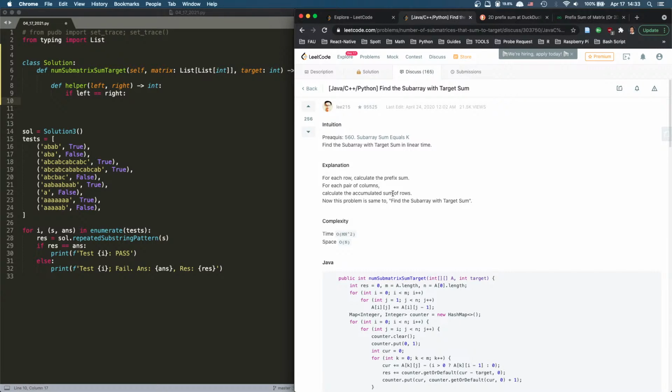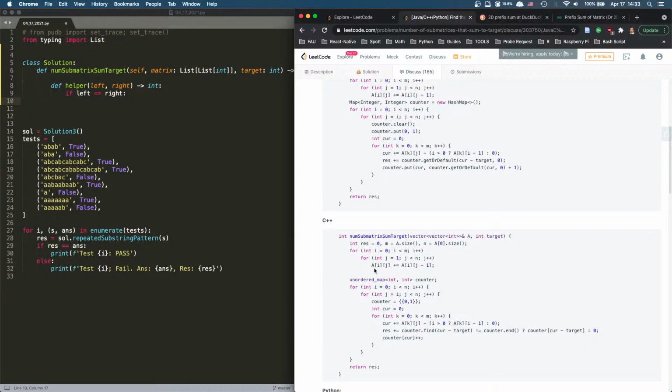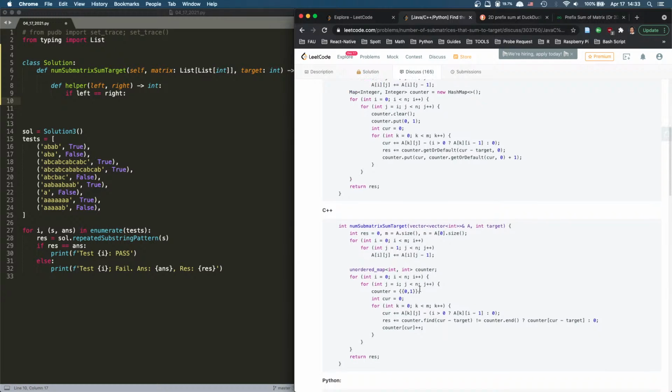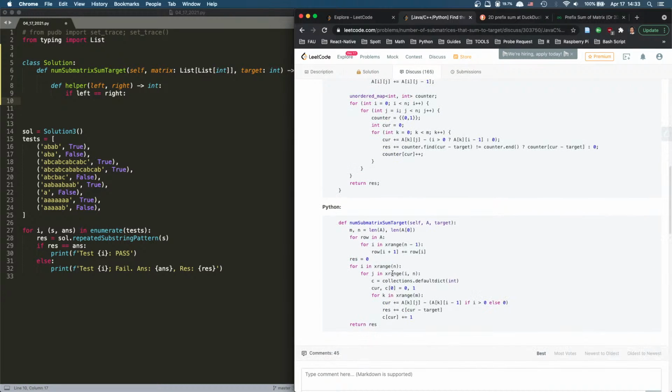Now this problem is saying find a subarray with target sum. This is accumulated on the rows, and why would I look at C++ here, and then current plus equal minus result.